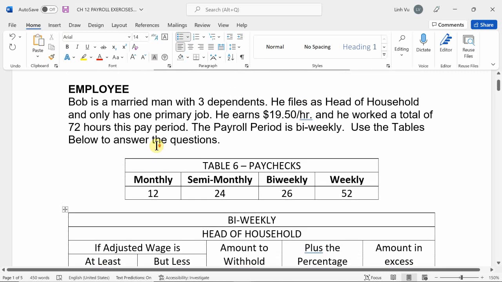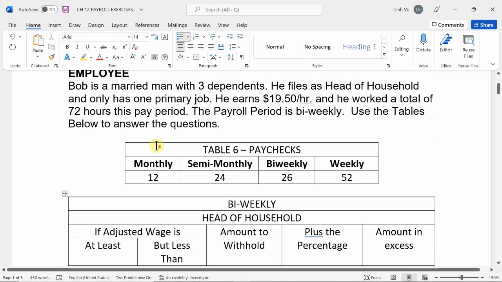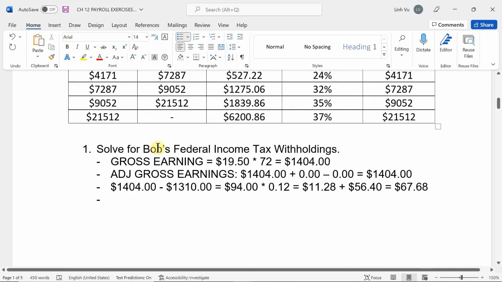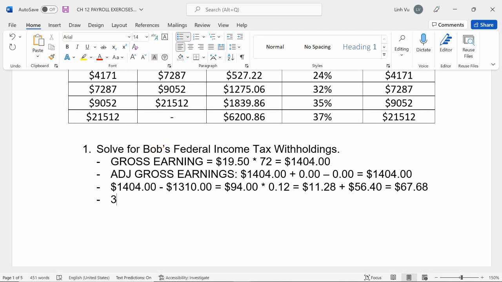He's claiming three dependents, three of his children. On the W-4 form, each dependent is worth $2,000 per year. So how much is that for the whole year? $6,000.